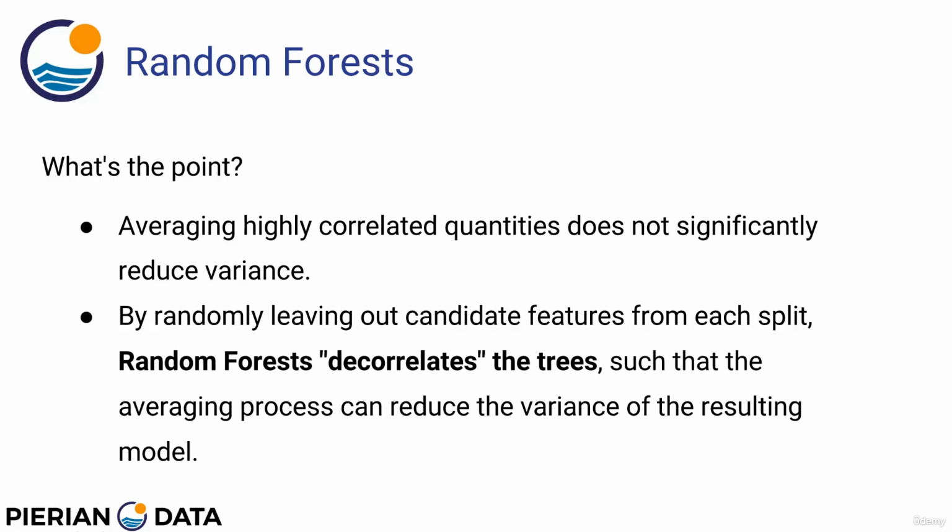Averaging highly correlated quantities does not significantly reduce variance. By randomly leaving out candidate features from each split, random forests are going to decorrelate the trees, meaning making the trees independent of each other, such that the averaging process can reduce the variance of the resulting model. So we won't be affected by features that really strongly predict the class data.